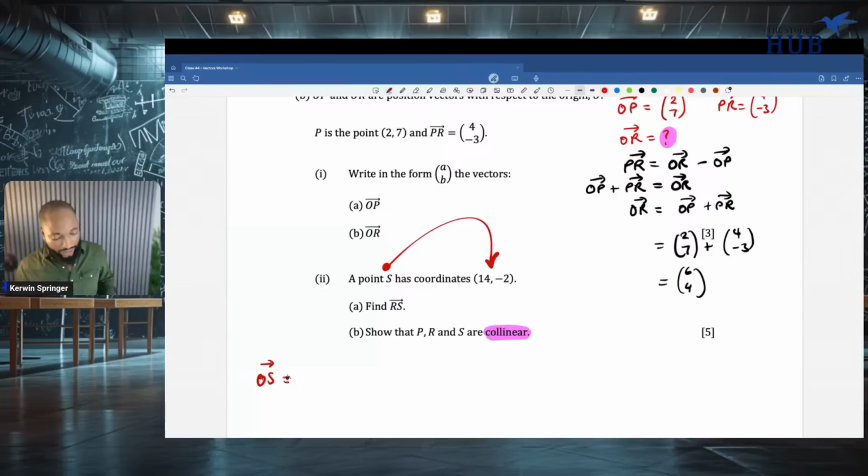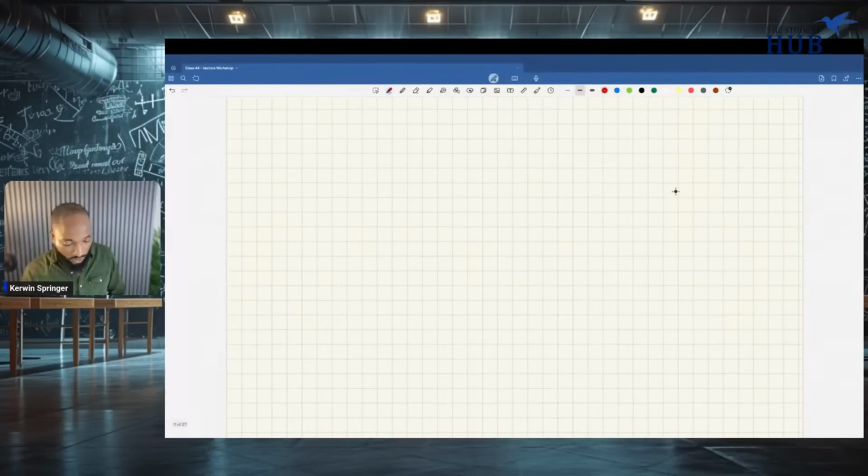All right, so OS is 14, -2. Stay locked in. If they give you a point S, the position vector OS just means change this around. Just to quickly pound this in, because it's probably waiting for you in your exam.